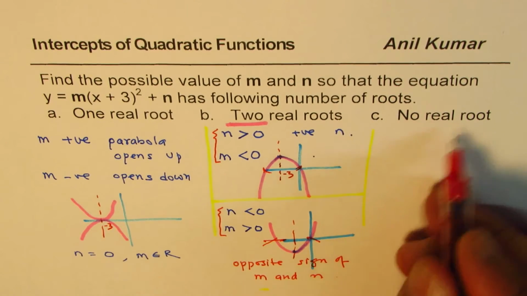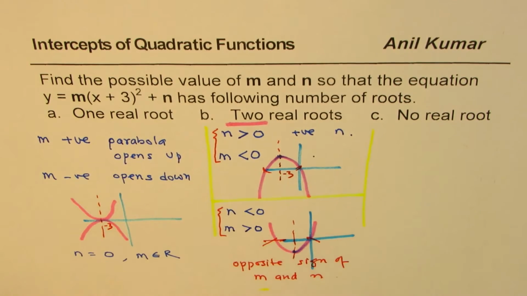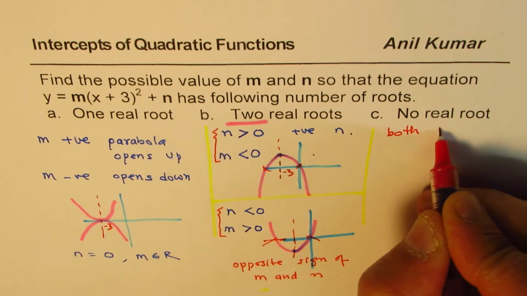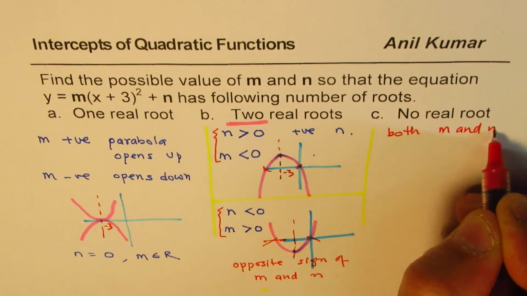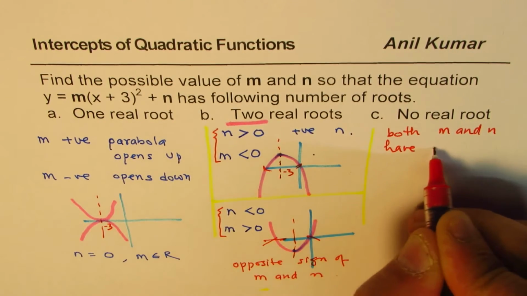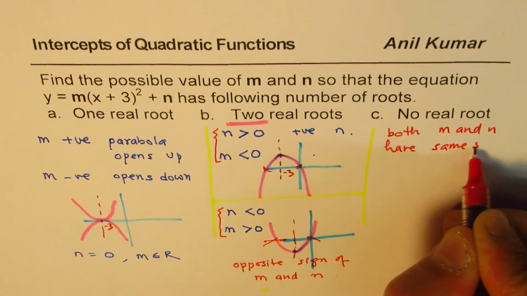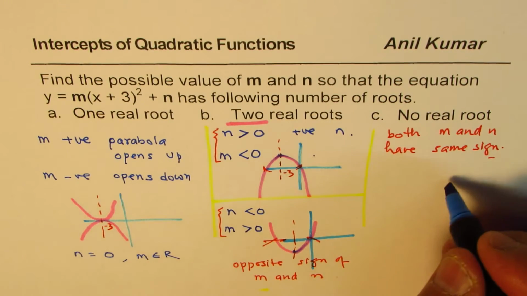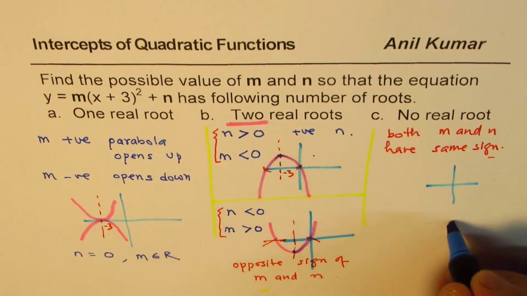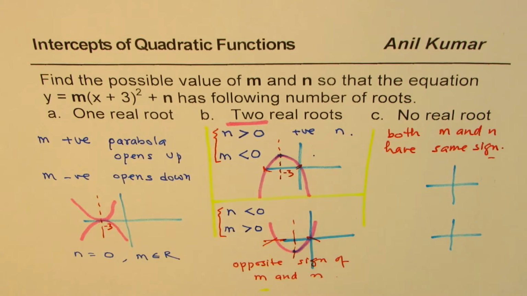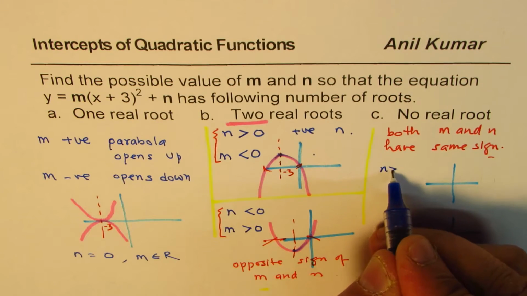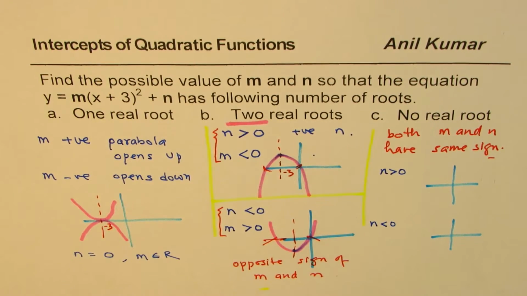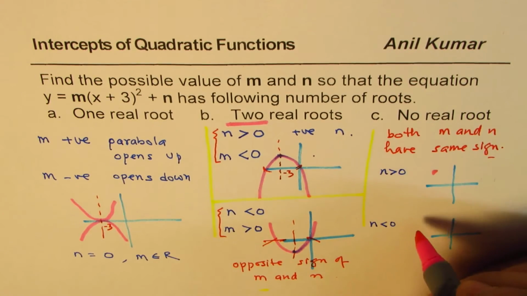Now, no real roots means both m and n have the same sign. Can I sketch it for you? That's so simple. So case 1 and case 2. In case 1, we are considering n to be greater than 0, which means somewhere here.